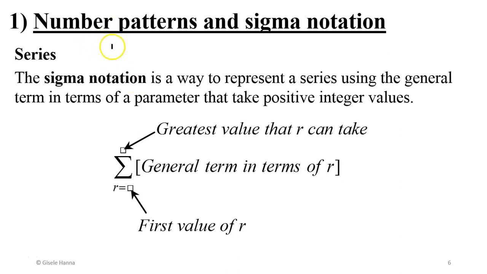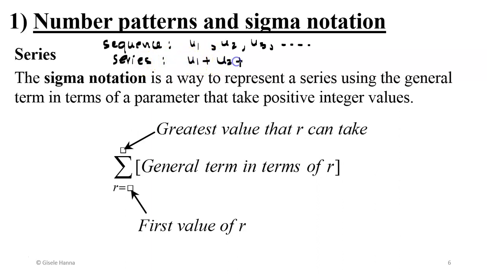So if we have a sequence where we list its terms by U1, U2, U3, etc., the series corresponding to that sequence would be the sum of the terms of that sequence.